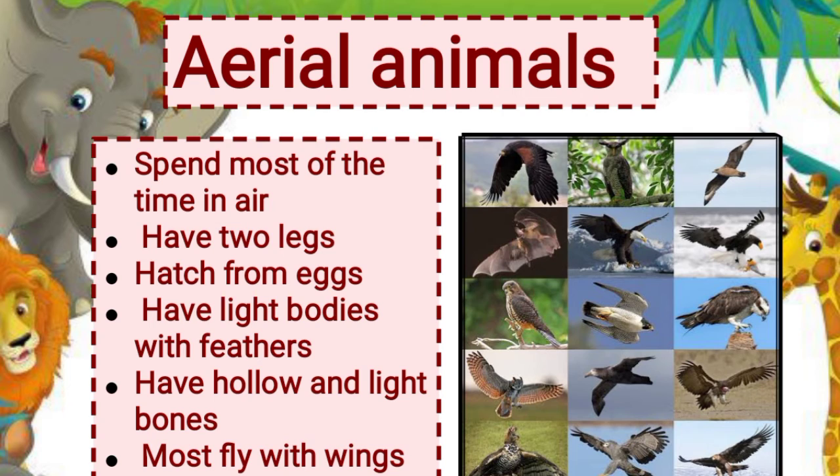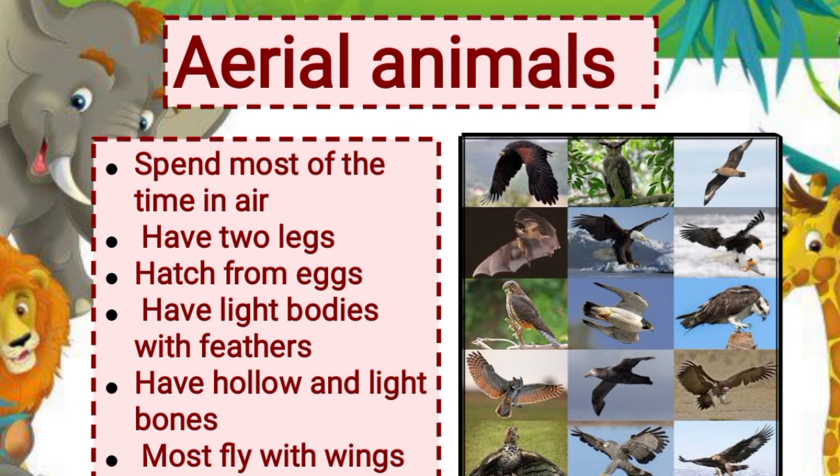Now let's understand about aerial animals. These are animals that can fly and spend a lot of their time in the air. Such animals have hollow bones that make their bodies light. They have one set of limbs modified as wings to help them fly.